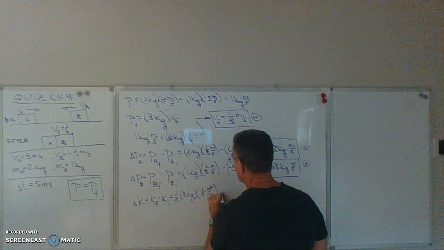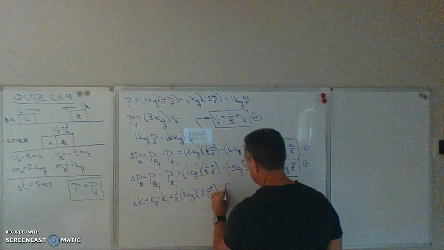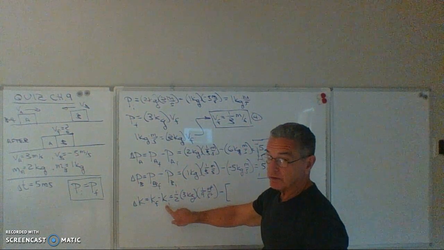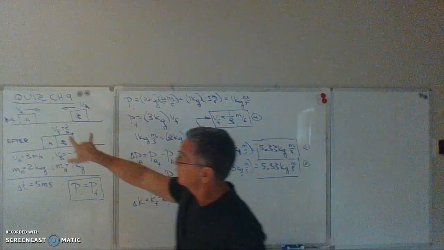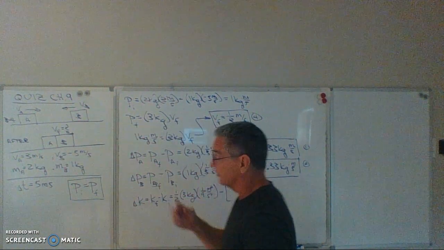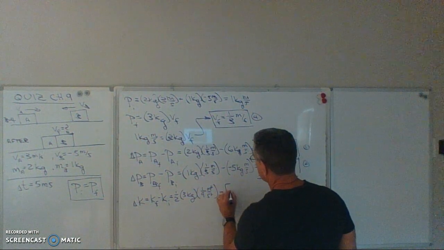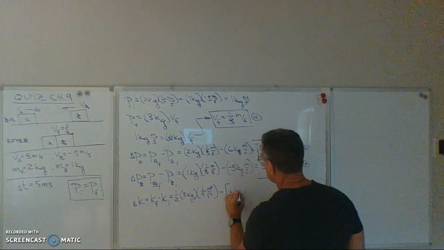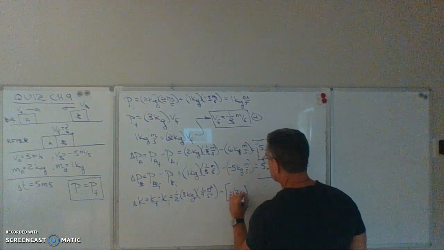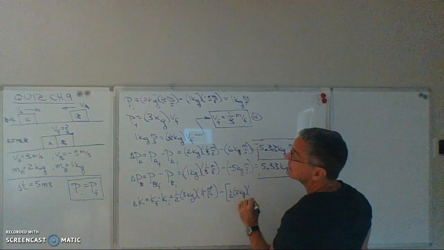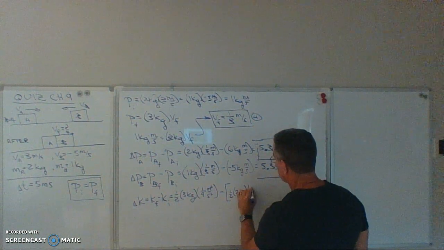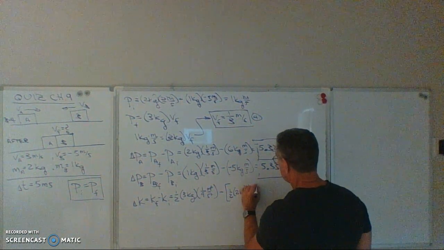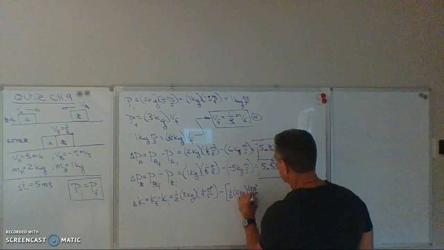And then we have to subtract from that the initial kinetic energy of the system. But now there's two things moving initially, so we're going to have two terms for the kinetic energy. That'll be 1/2 times 2 kilograms, the mass of block A, times its initial velocity squared, which is going to be 9 meters squared per second squared.